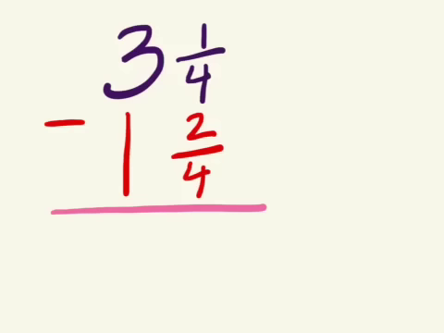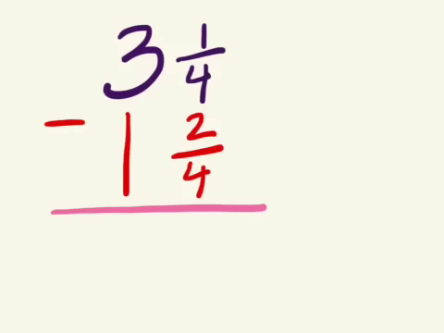Let's start by combining our fractional amounts, just like we did when we added mixed numbers. Right away, we see that we've got a problem here. How can I take 2/4 away from 1/4? If I only have 1/4 to begin with, how on earth am I going to take 2/4 away? Well, we're going to regroup.